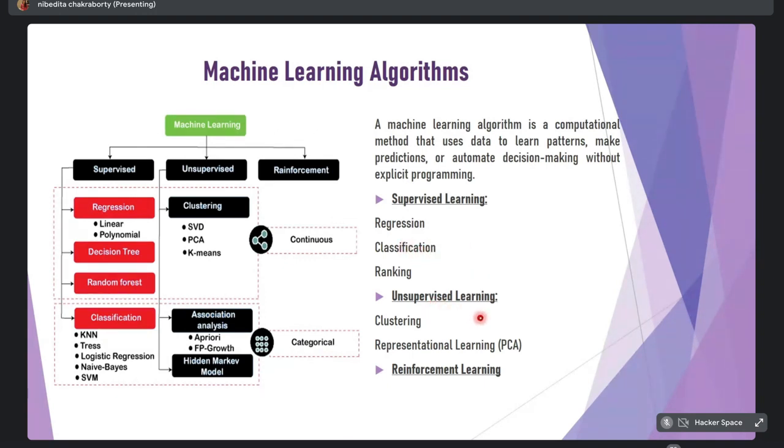Under unsupervised learning, we learn about clustering, representational learning, etc. Reinforcement learning mainly includes robotics, robot navigation, and stuff. So in today's session, we will be focusing more on regression, classification, and clustering, and complete the basic understanding of machine learning algorithms.